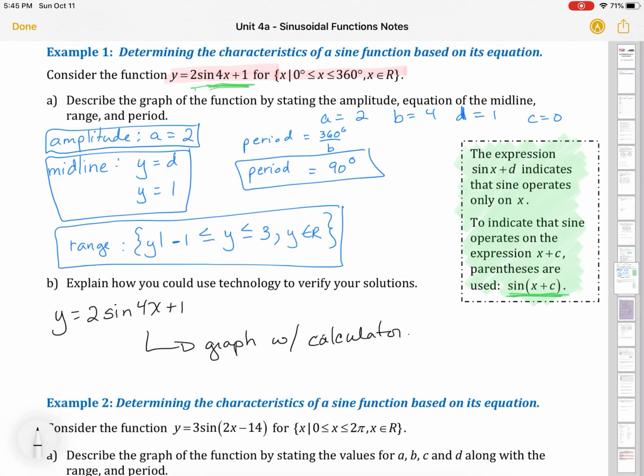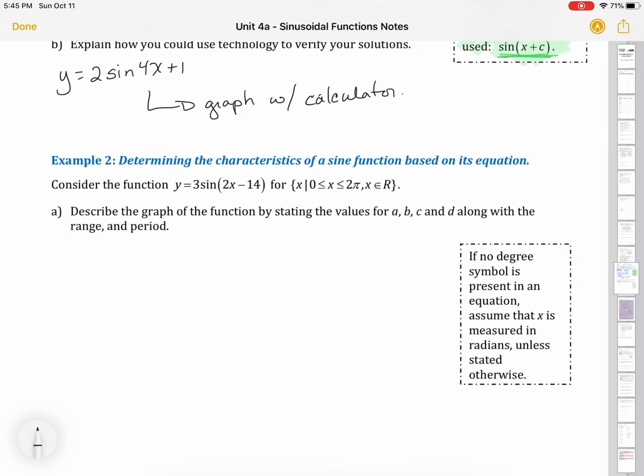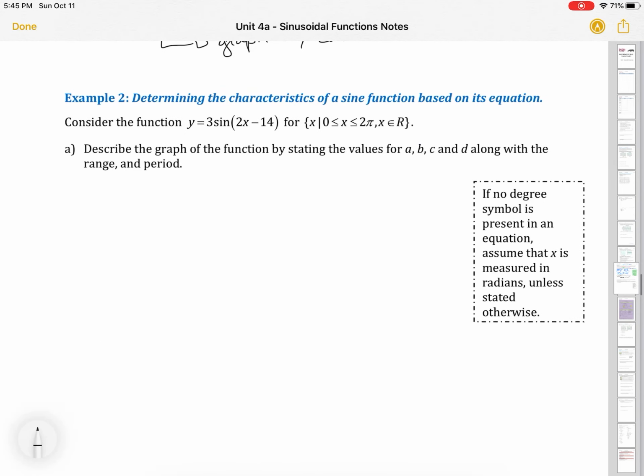So then once you have your max and min, you can find your midline, you can find your amplitude, you can find your period using your x-intercepts. So you graph it with the calculator and look for those points, okay?